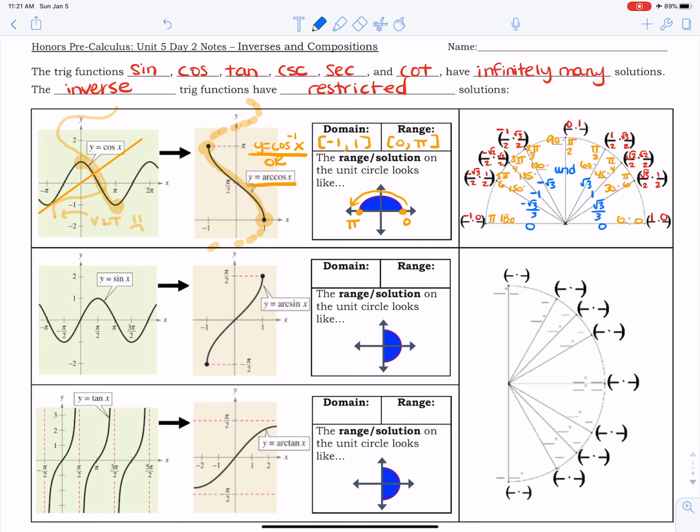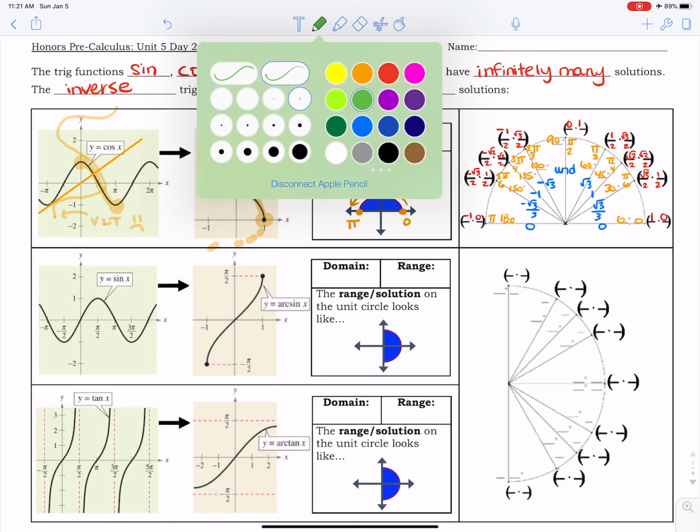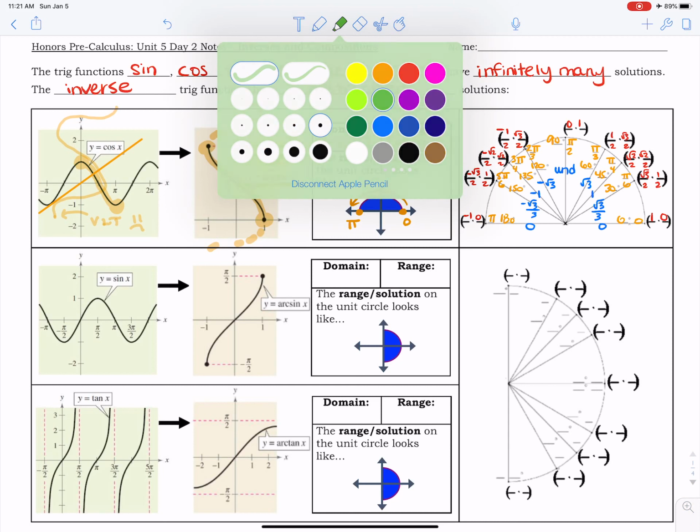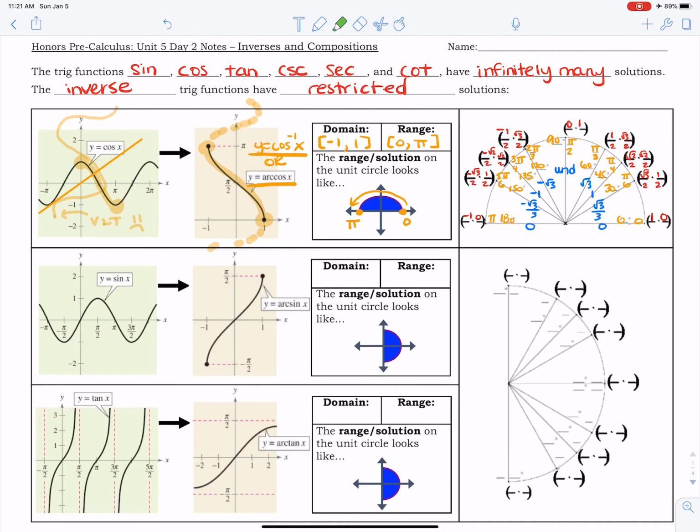All right, let's do the sine inverse function. Switch my colors. Okay, so for my sine inverse function, we are going to use this portion of the graph, right here. And that ends up being, when we reflect over the line y equals x.